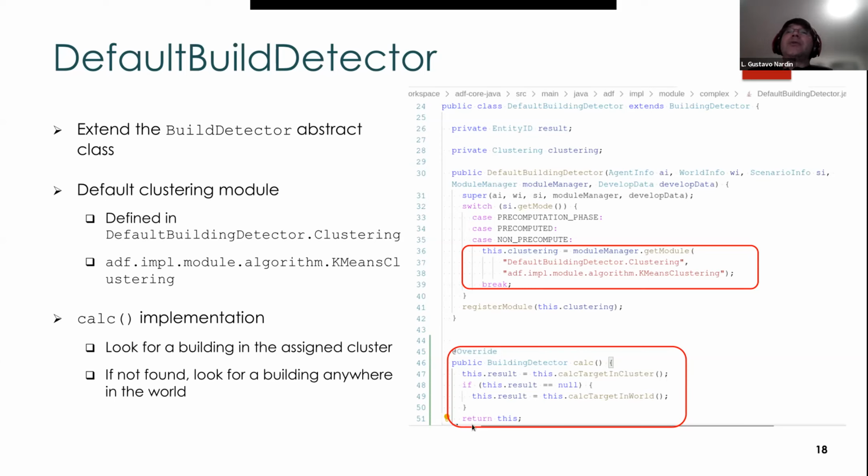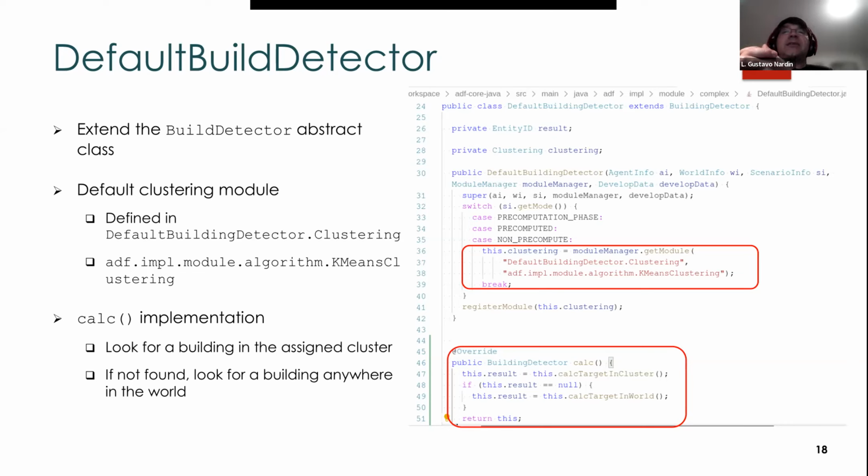And it also implements the calc method. And in the calc method, you can see that it does call two other methods. One is to calc and get the target in the cluster, and then calc target in the world. What these two methods do, I will not go into details here, but it first tries to find a target building in the cluster that the agent is allocated to.